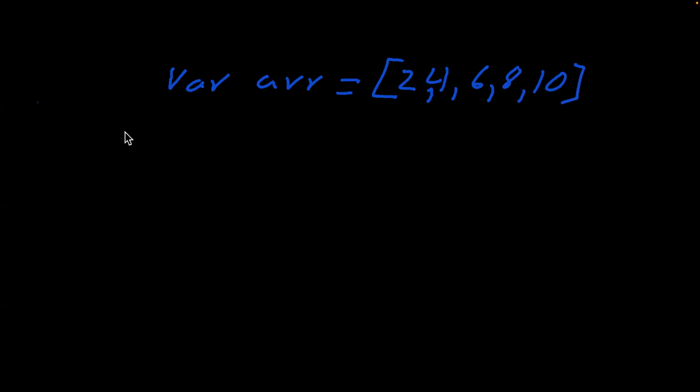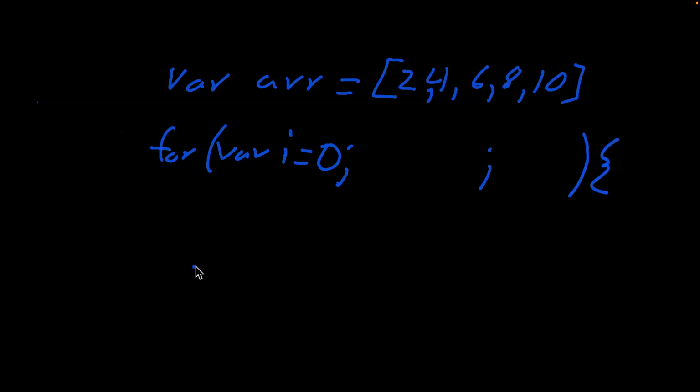Okay, and then we have a for loop: for var I equals 0. And I'm going to leave this space empty, and I'm going to leave this space empty. And then I'm going to start the for loop.